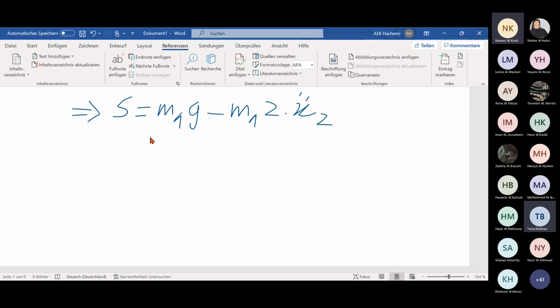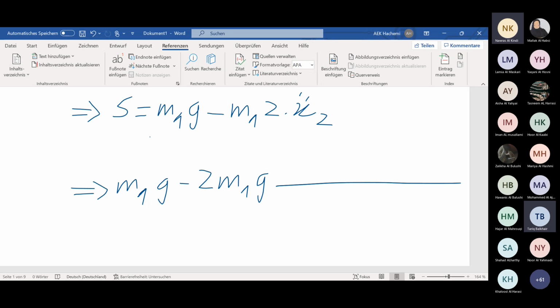Then we get here, if you replace the value, you will get M1 G minus 2 times M1 G, multiplied by 2 times M1 minus M2 sine alpha plus mu cosine alpha divided by 4 M1 plus M2.